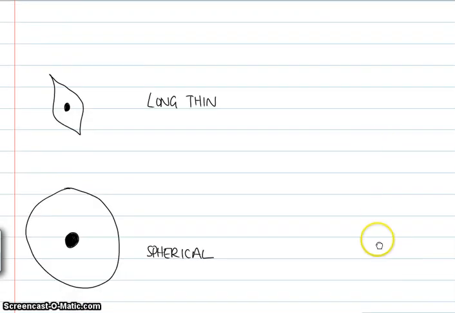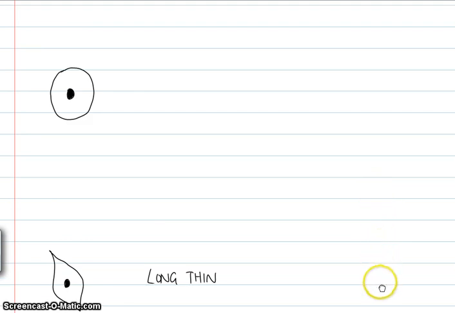Then, oh, too far. We have egg cells. Now, I haven't drawn it that big, but the egg cell is the biggest cell in the human body, but also other animal bodies as well. Inside we have the nucleus, but one of the main jobs of the egg cell is to contain food, because the cell needs to be able to grow and multiply into more cells to create the embryo, the fetus, the baby.